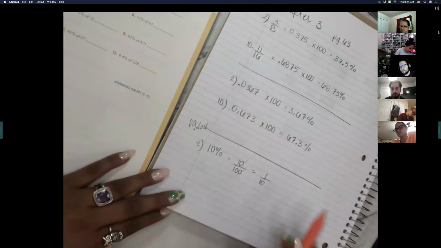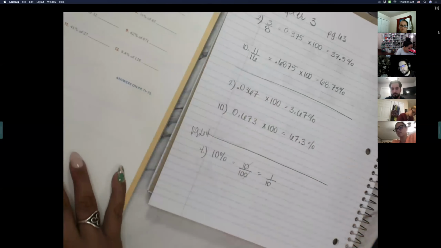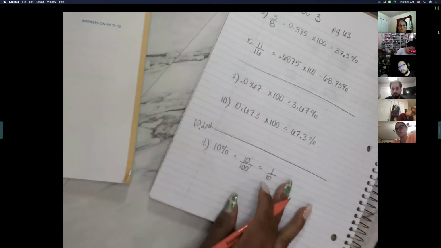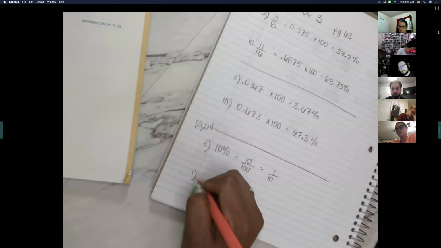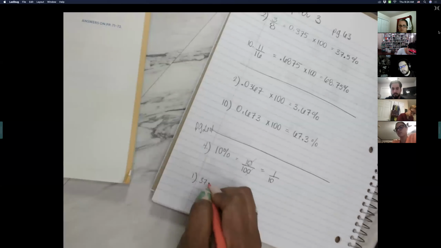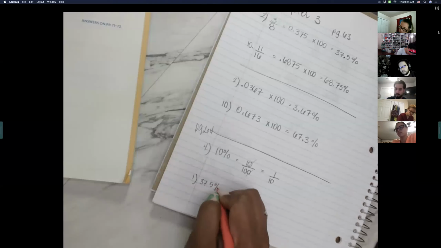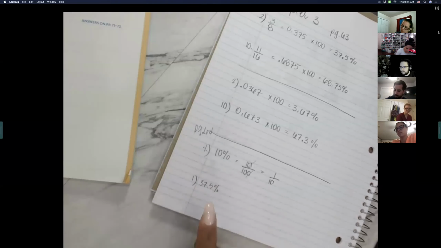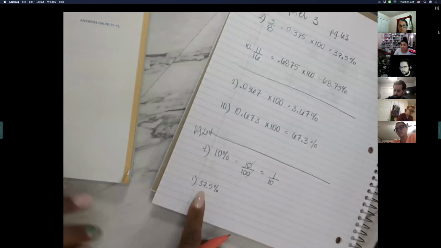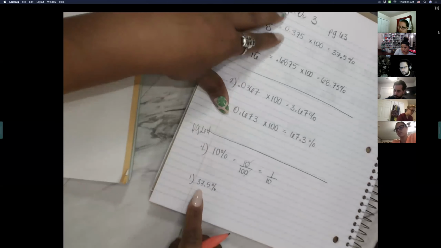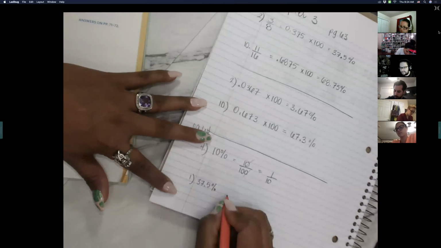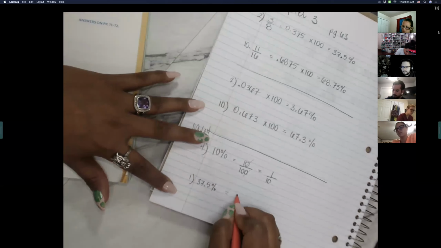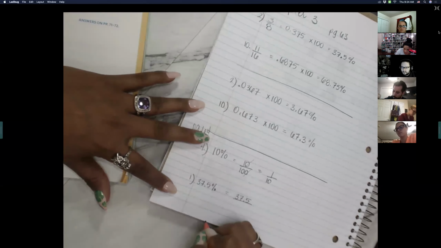Okay, the next section is pretty much the same thing. Number 1 is 37.5%, and they want you to change this percent into a decimal. So we keep our value, 37.5. It's out of 100.